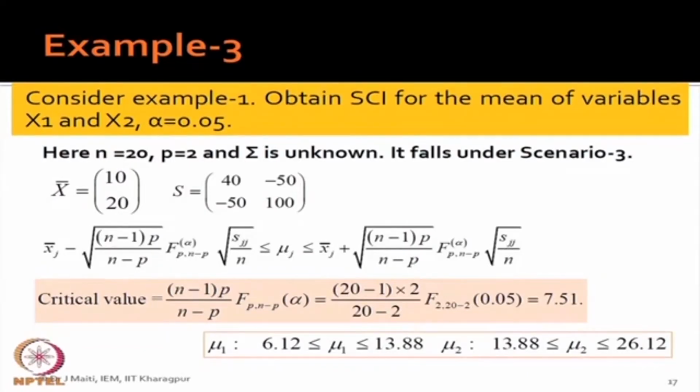So, I think the right-hand side you find out for mu1 and the left-hand side for mu2. This side people find out for mu1, the left-hand side please find out for mu2, and cross-check. If x1 is okay, then x2 will also be okay.